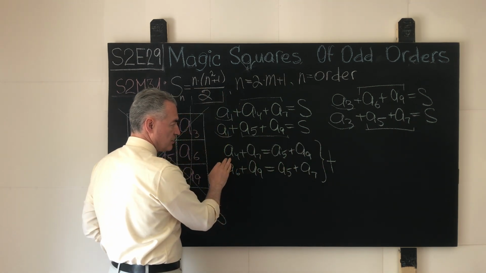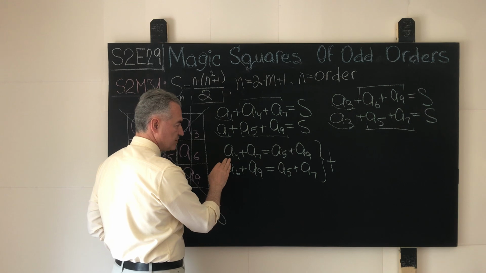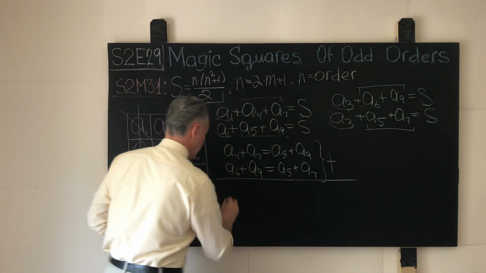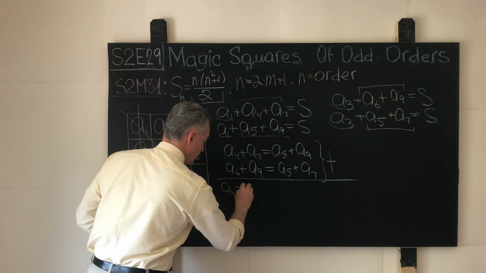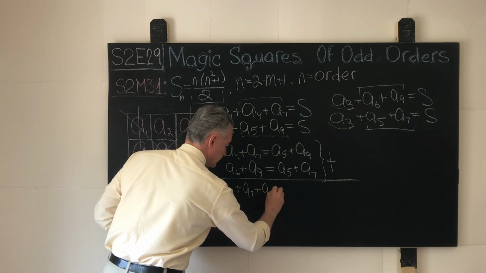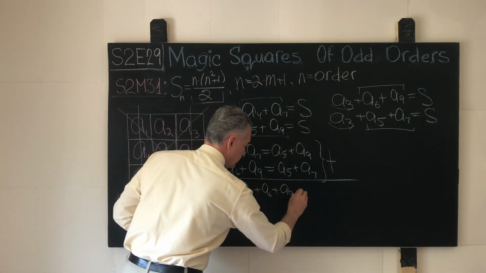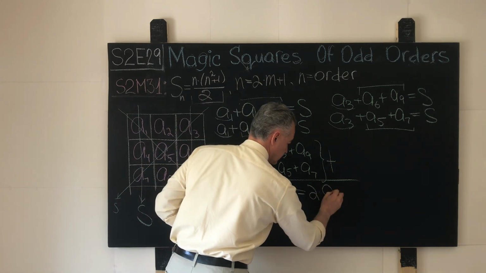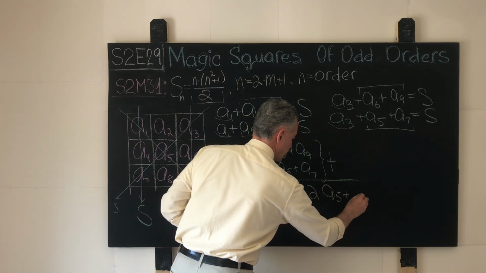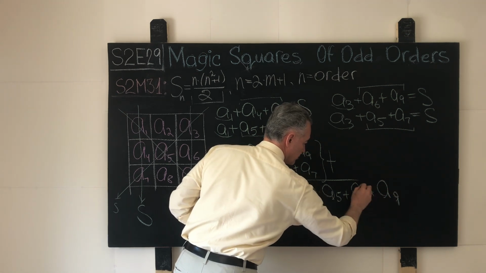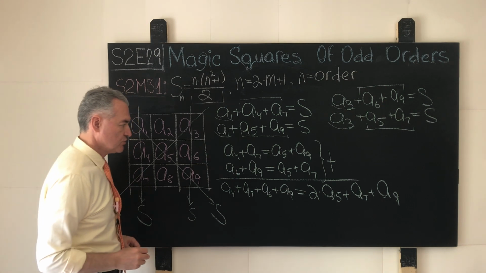What do we get on the left hand side of our result? Let us see. We get a4 plus a7 plus a6 plus a9, which is what? 2 copies of a5, 2 times a5 plus a7 plus a9. Would you agree? So far so good.